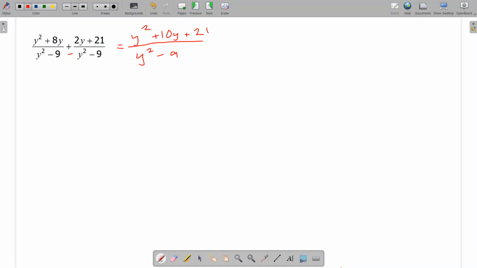Now at this point, we have a single fraction, a single rational expression that we're trying to simplify. So this is where factoring comes into play. At this point, my numerator would factor into y plus 3 times y plus 7. My denominator is a difference of squares that factors into y plus 3 times y minus 3.